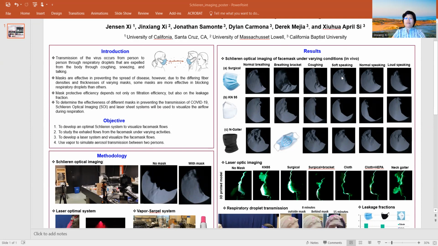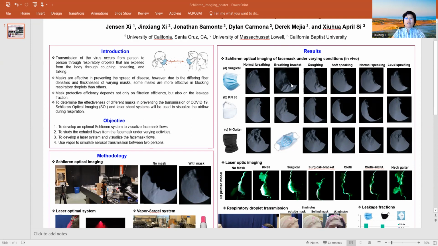Soft speaking, well spread because of slow speed. Normal speaking, still majority spread. And loud speaking, still spread pretty well around the mask, but with leakage.